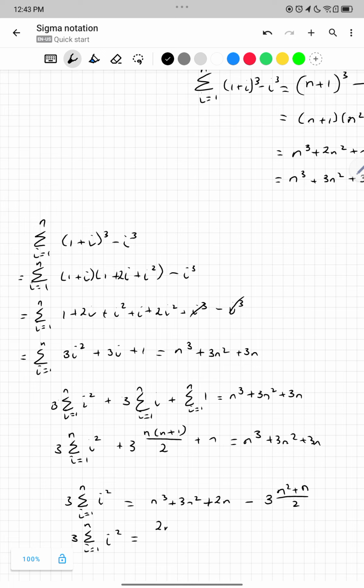Okay, so we have 2n cubed all over 2 plus 6n squared all over 2 plus 4n all over 2 minus 3n squared all over 2 minus 3n all over 2.